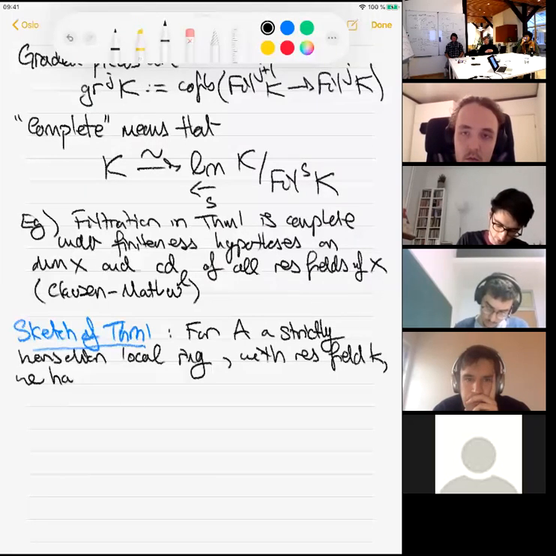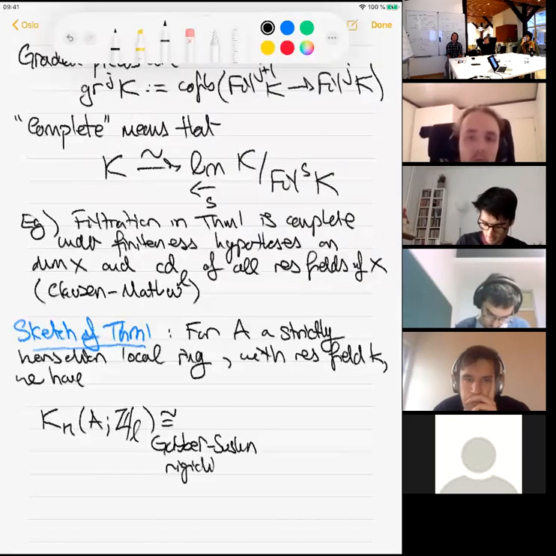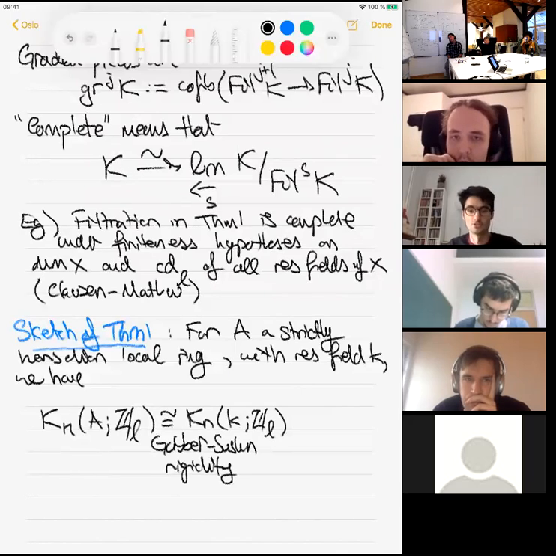We can compute its mod L K-groups in positive degree. By a rigidity result of Gabber and Suslin, one knows that these K-groups are the same as the K-groups of the residue field. And then Suslin computed these for us.